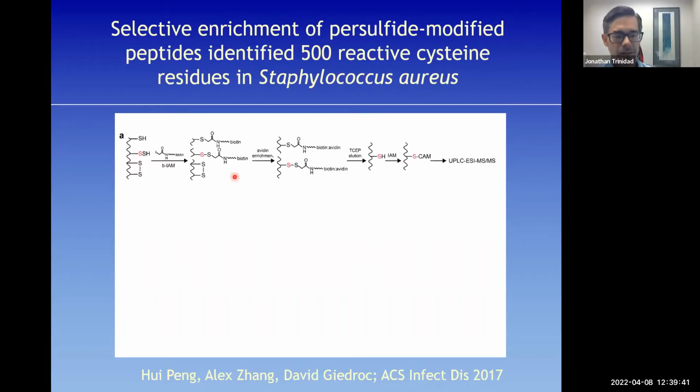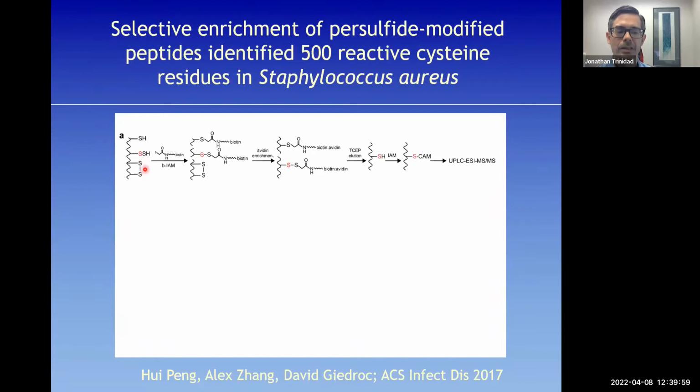So, here's what we developed, an approach using iodoacetamide-linked biotin. So iodoacetamide is just a small molecule that in its regular form, pure iodoacetamide, we would use to cap free cysteine residues.